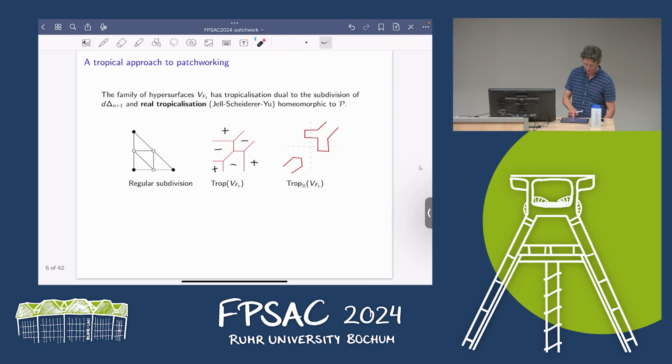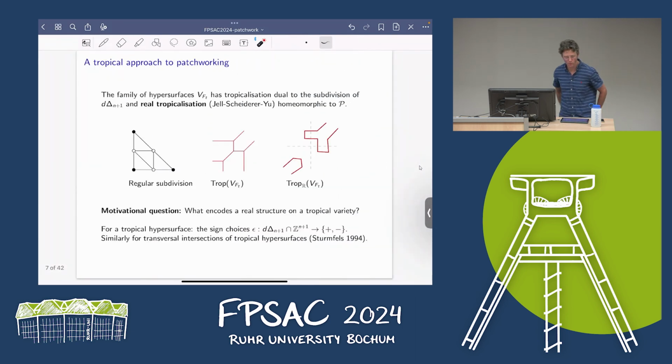The kind of motivational question that I want to ask is, well, in general, beyond codimension 1, beyond putting plus and minuses in connected components of the complement, right? In codimension higher than 1, we don't have connected components of the complement, or we have 1. They should be connected. What real structure should we put on a tropical variety?